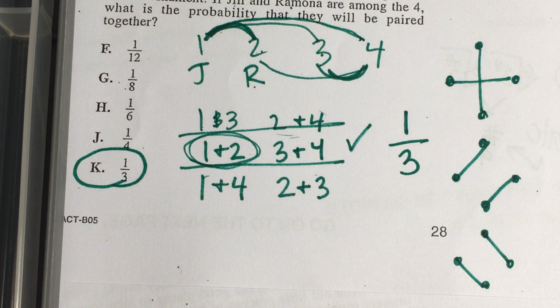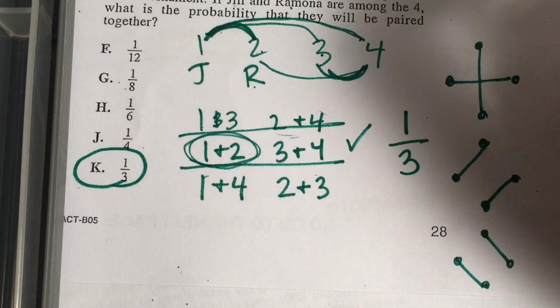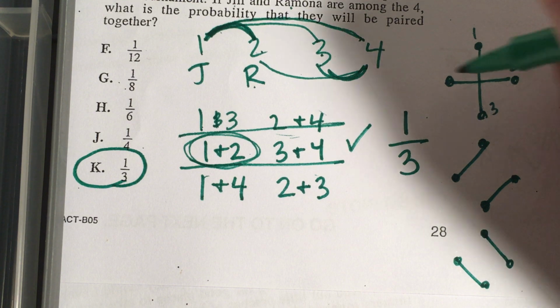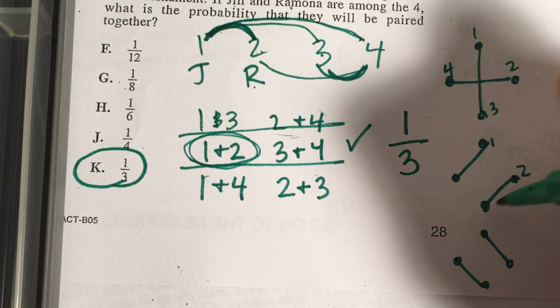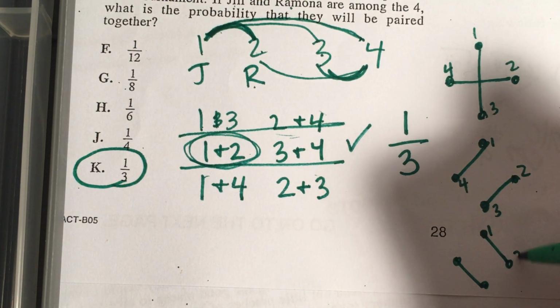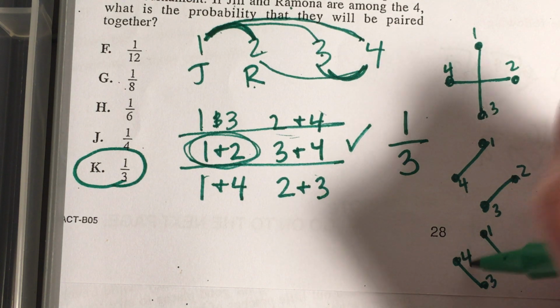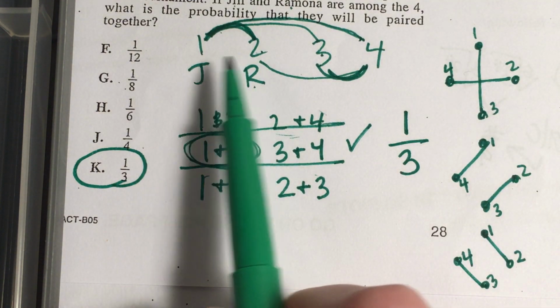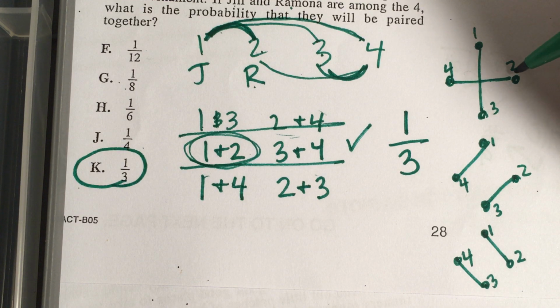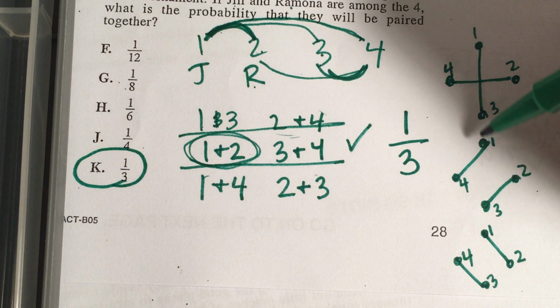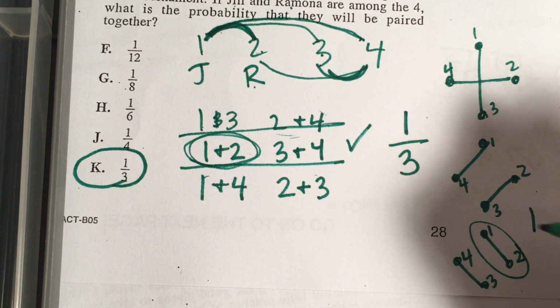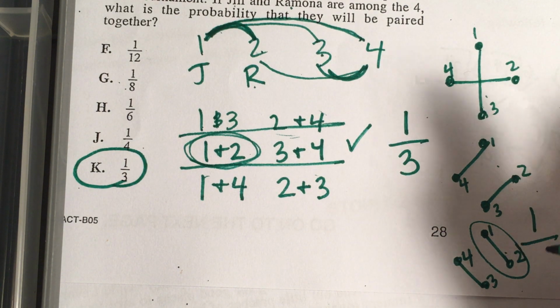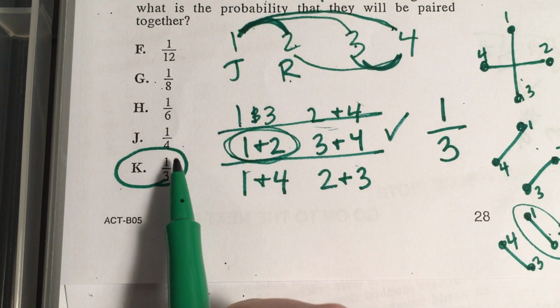So there are 3 basic options. And if this is 1, 2, 3, 4, 1, 2, 3, 4, 1, 2, 3, 4, and we're trying to look for where 1 and 2 can be together, then in this group they're not, in that group they're not, but in this group they are. So this is 1 out of the 3 possibilities. So you'd have a 1 in 3 chance.